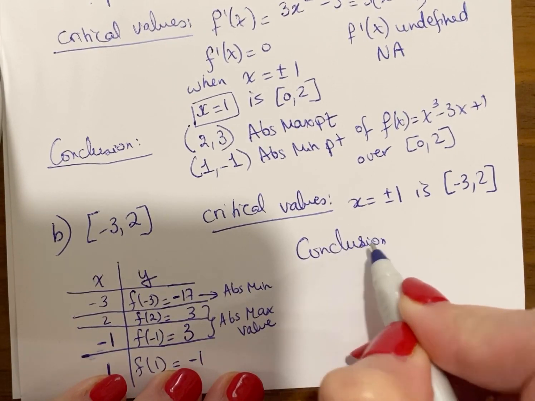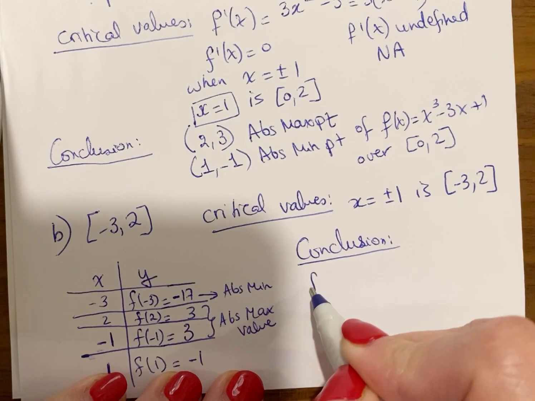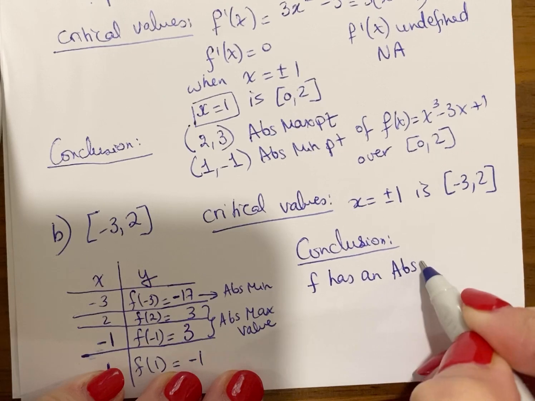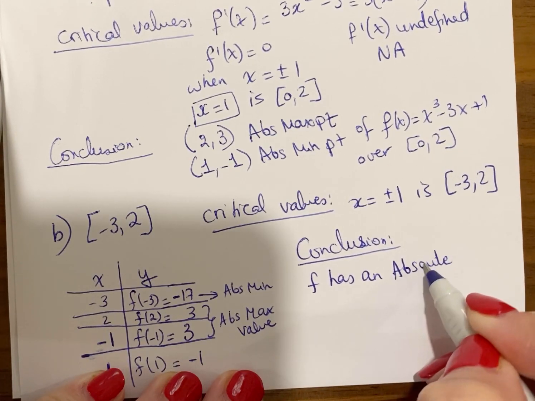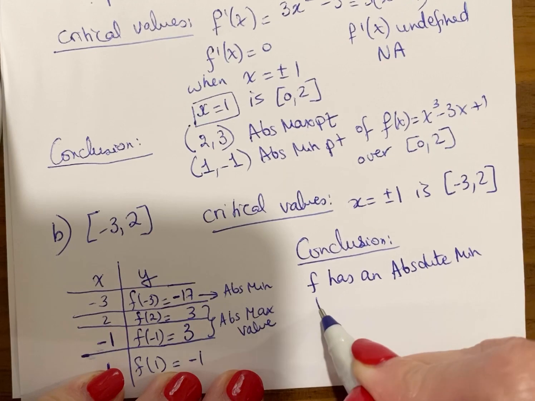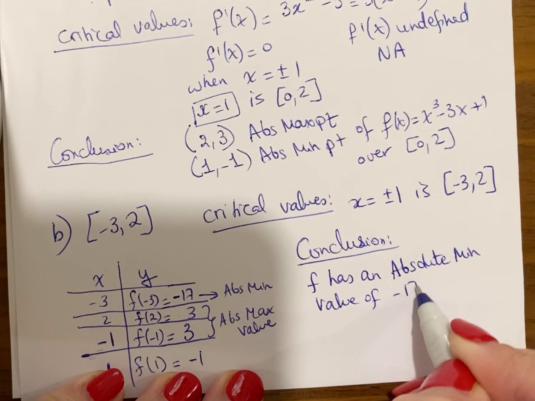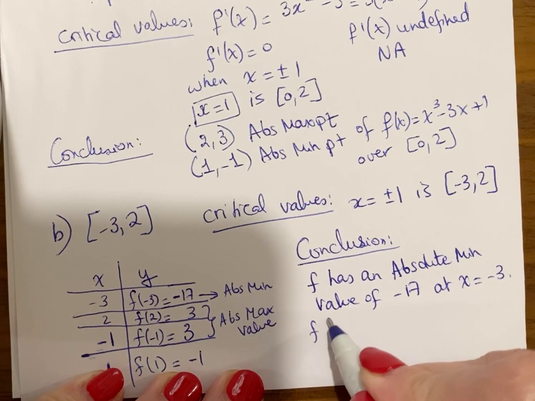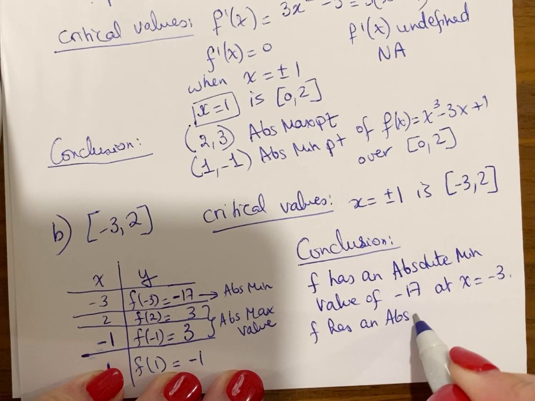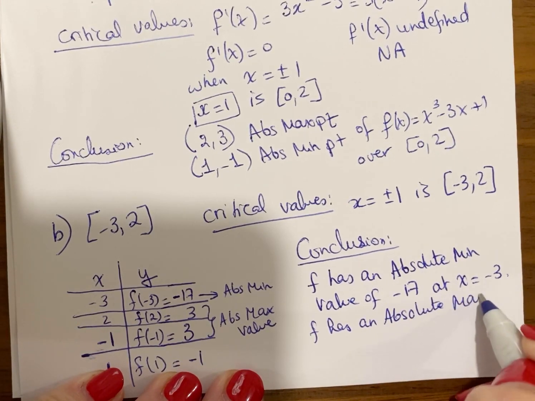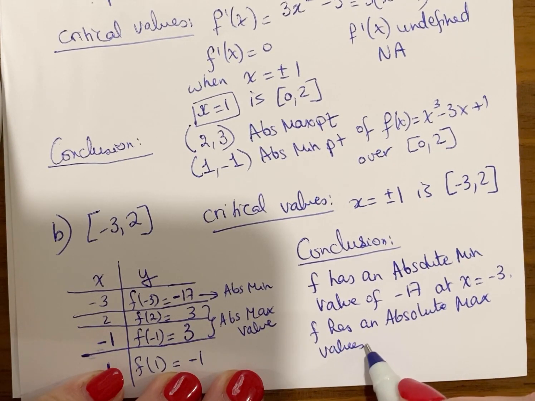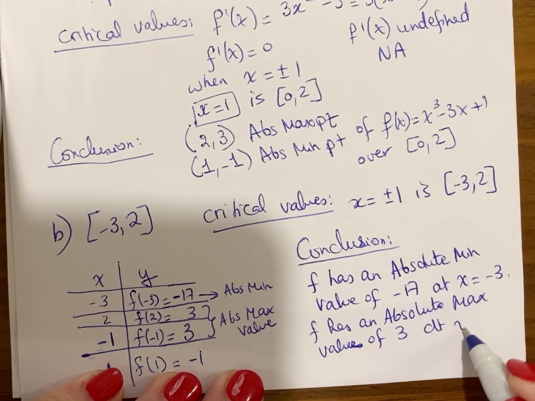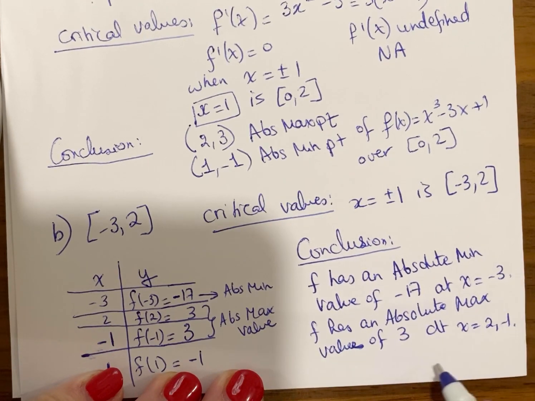The conclusion for part B is that f has, if you want another way to write things, an absolute minimum value of minus 17 at x equals minus 3, and f has an absolute maximum value of 3 at x equals 2 and minus 1.